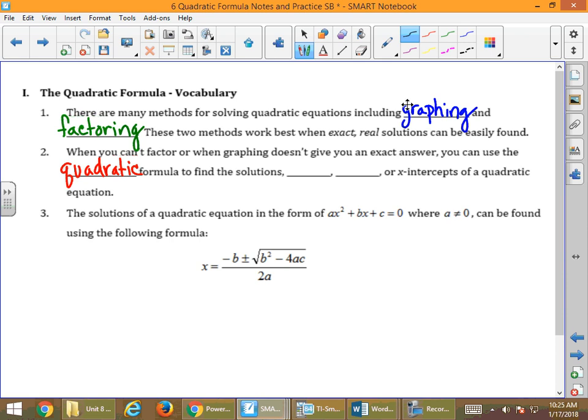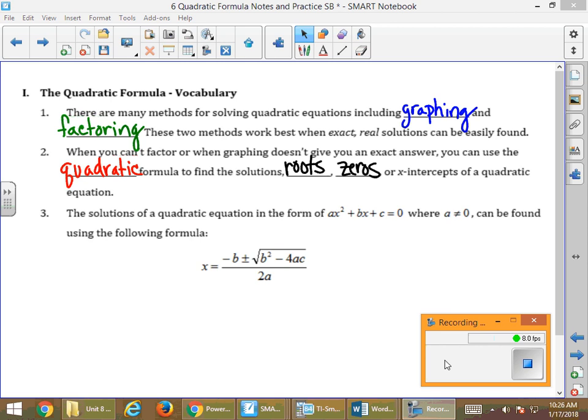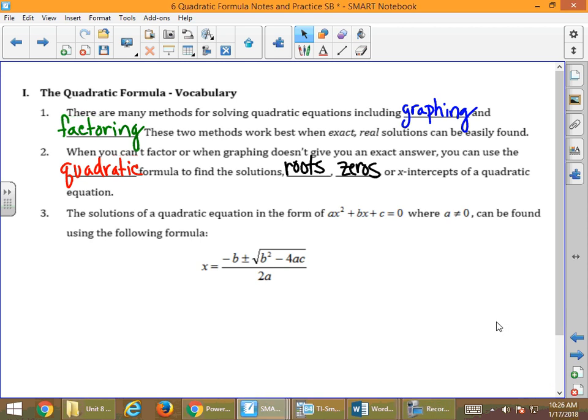And solutions are also known as roots or zeros, or x-intercepts, where the graph crosses the x-axis. Quadratic formula you're probably mostly familiar with is the opposite of b, plus or minus the square root of b squared minus 4ac divided by 2a.